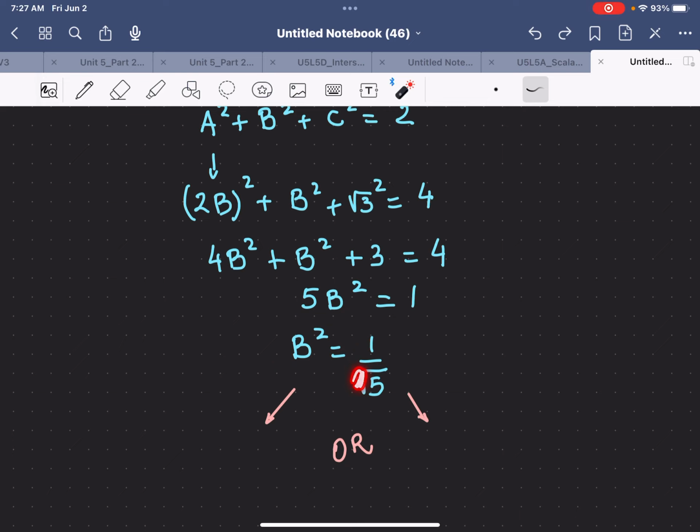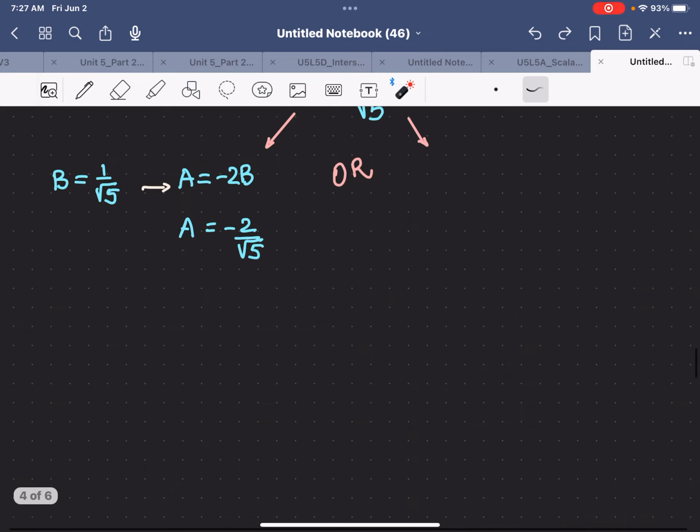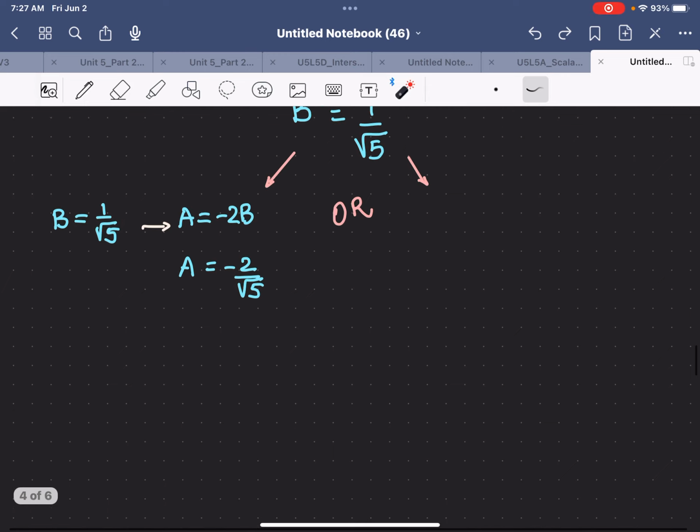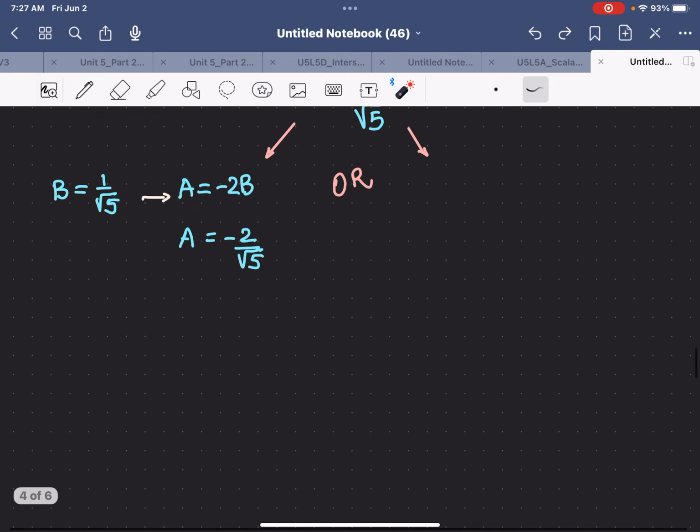Next we are going to determine the value of a based on the solution. So if b squared equals 1 over 5, and b equals 1 over root 5, then a, which is negative 2b, will be equal to negative 2 over root 5.